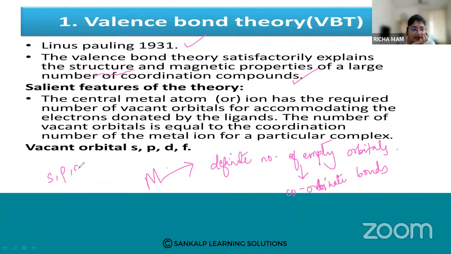S, P, D and F. Depending upon how many ligands are present, that much the metal will provide the number of empty orbitals. These empty orbitals provided by the central metal ion tell you the coordination number of the metal ion. So these are the two points.